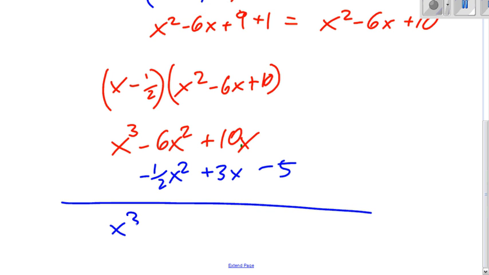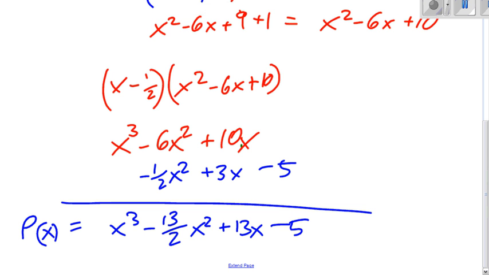Combine like terms, x to the third minus 6 1/2, or you could say 13 halves, x squared plus 13x minus 5. And there's our polynomial function.